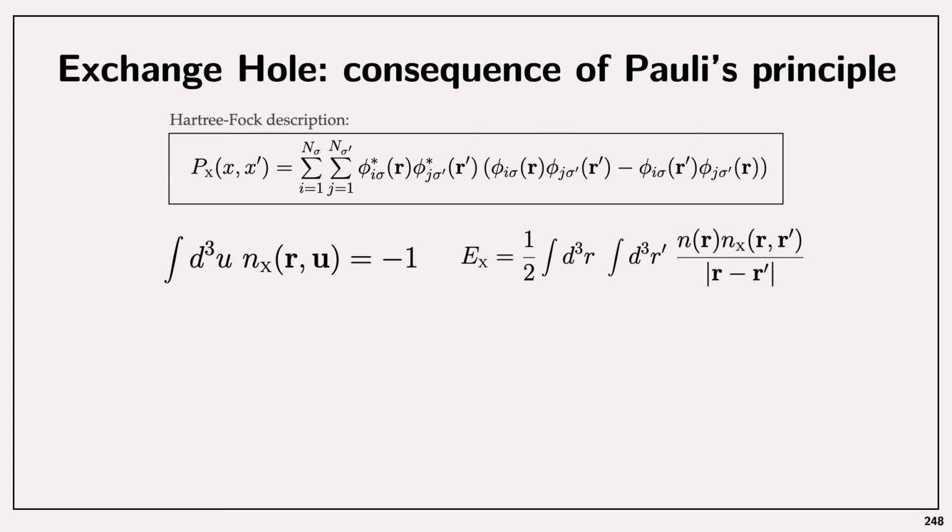The other piece is the exchange hole. The exchange hole comes from Pauli's principle. In the Hartree-Fock description using a Slater determinant and so on, we knew how to calculate the pair correlation due to the exchange piece. This is what's in the black box here. You can integrate the exchange hole, and you see that it also integrates to -1 itself.